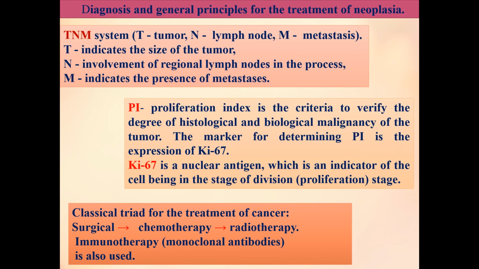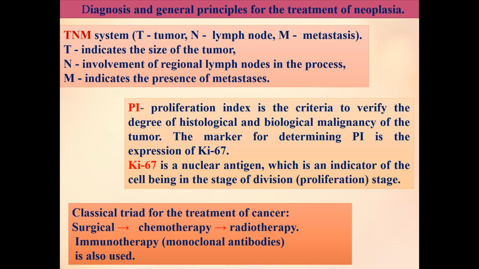And it was about the diagnosis and the general principles for the treatment of neoplasia. The early diagnosis of tumors is based on modern advances in molecular biology and genetic engineering. From this point of view, determination of the tumor markers is of great importance. The clinical assessment of malignant tumors depends on their size, involvement in the process of the regional lymph nodes, and distant metastasis.